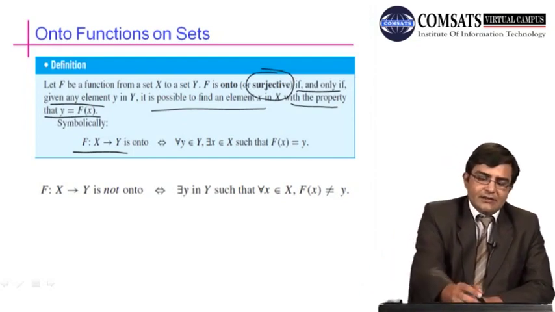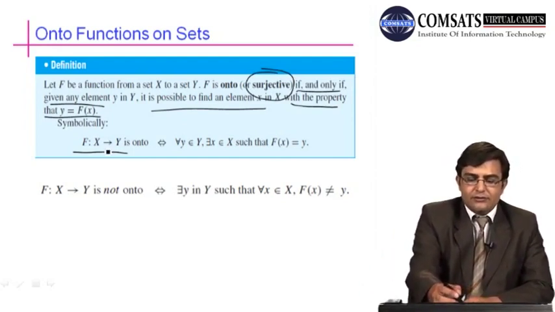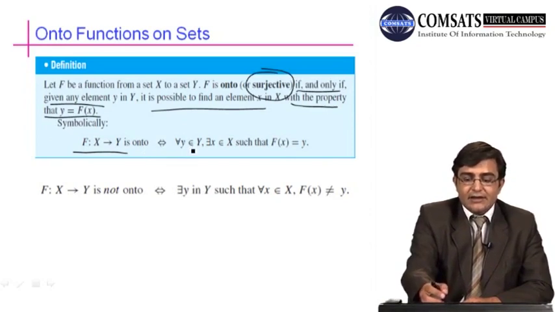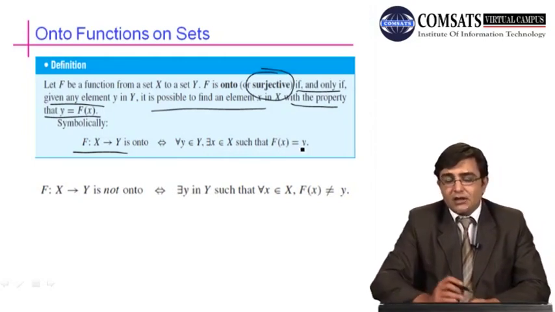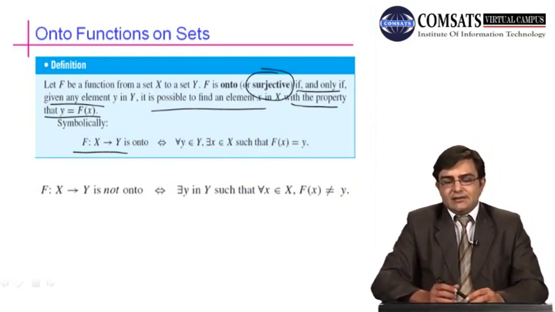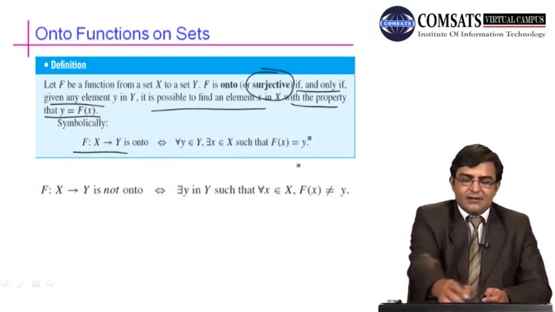Symbolically, we represent it: f from X to Y is onto if and only if for all y belonging to Y, there exists some x such that f of x equals y. Now, what does this statement mean?